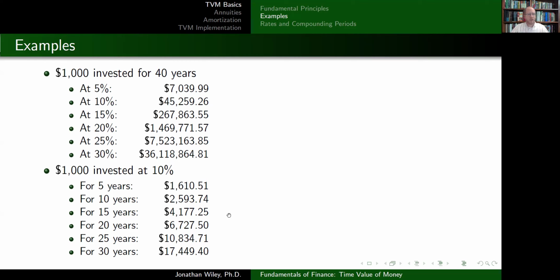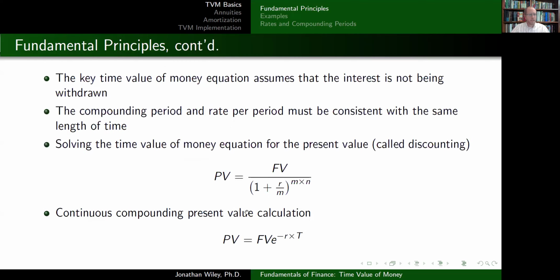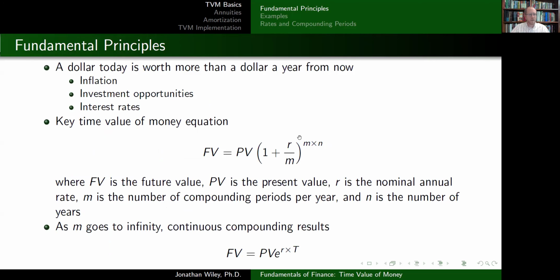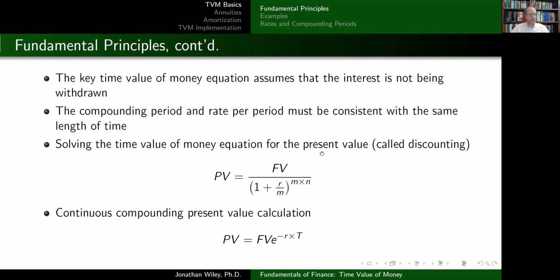And to drive home what's causing this, notice if I go back that the length of time appears in the formula in the exponent. So it doesn't take a huge shift in the length of time to create a very substantially different outcome.